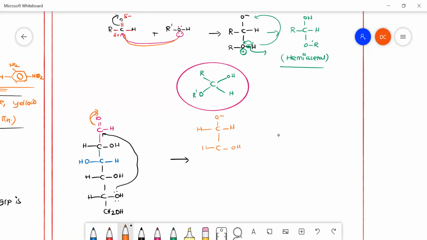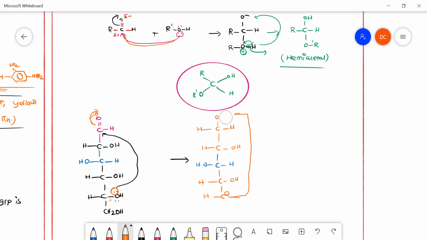COH, H, then CH, here OH, and then COH, H, and then C, here H. Here there is no OH, because that is going to approach this. And this minus charge, because of the loss of this lone pair, this carbon will get a positive charge, and this positive and negative will form a bond.